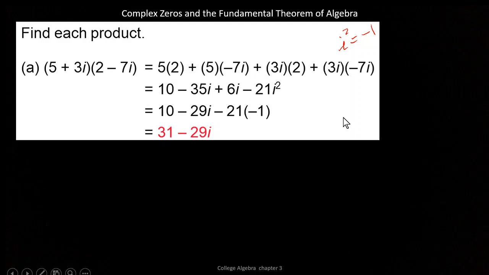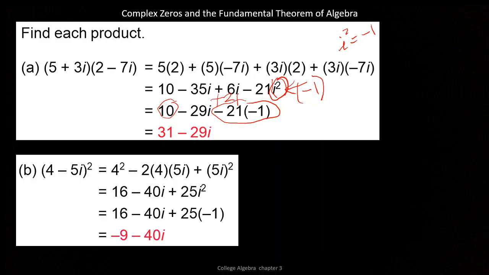Now, what do we do with that i squared here? Well, we're going to represent that as -1. So if that's -1, this is just -21 times -1, because that's a multiplication here, right? Which is positive 21. So this would be plus 21, right? And the 21 plus this positive 10 is 31. So 31 minus 29i. That's how we multiply two complex numbers.